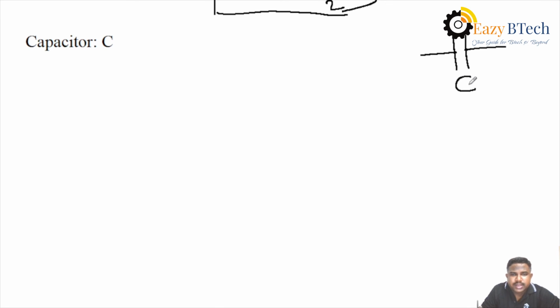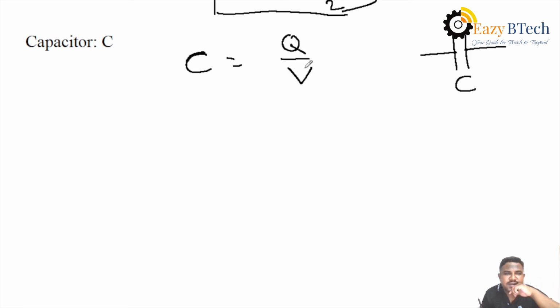Then this is the capacitor. Whenever it creates an electric field, that means whenever a current is passing, charge will be generated. You can define the charge per unit voltage. That is called the capacitance.